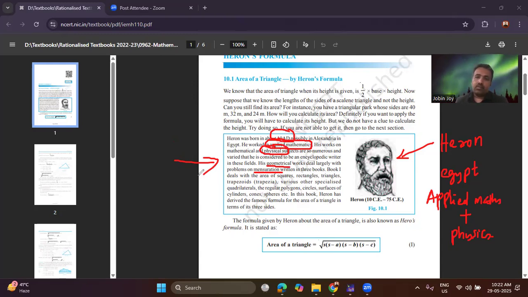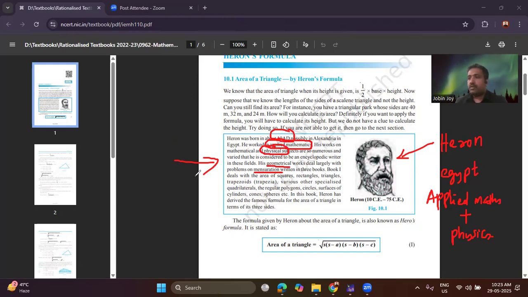So how will we use this equation? If we know the sides of a triangle, then we can easily use this equation to calculate the area of a triangle. If we know the height and base, then we can use the other equation, area equals half into base into height. So Heron's formula allows calculation of area with only side lengths.